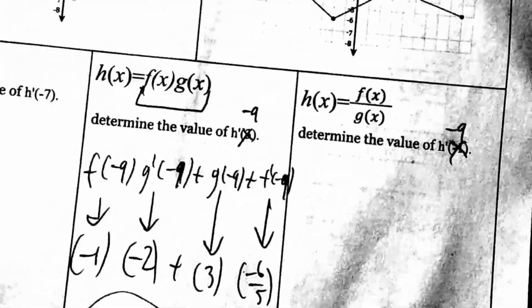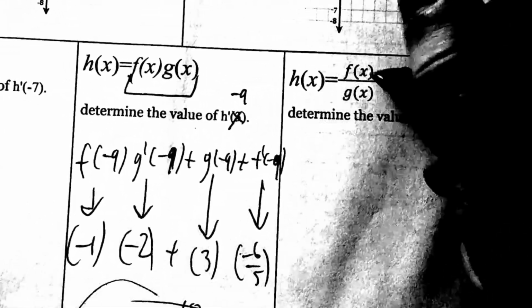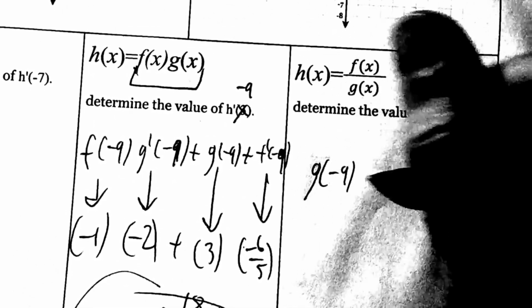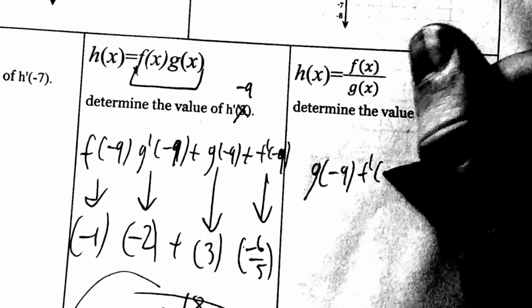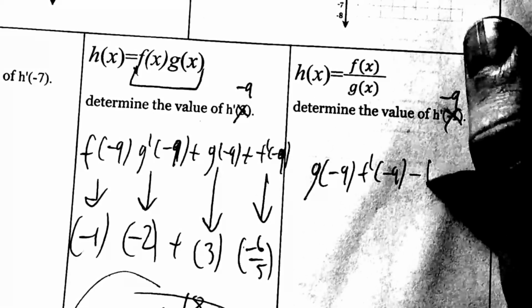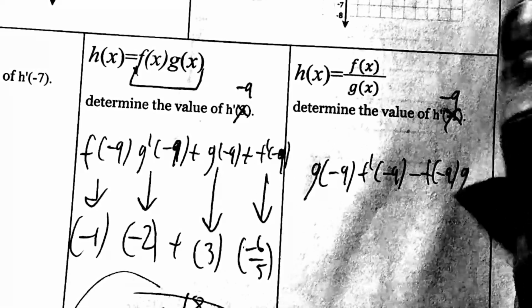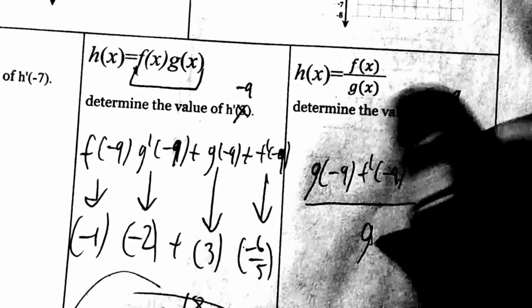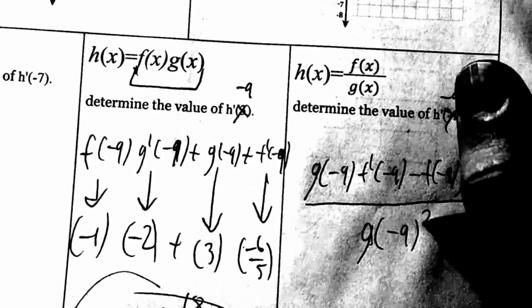Okay, and this is the same thing really, except instead of product rule, it's quotient rule. So it's going to be g of negative 9 times the derivative of f at negative 9 minus f of negative 9 times the derivative of g at negative 9, all over g of negative 9 squared.